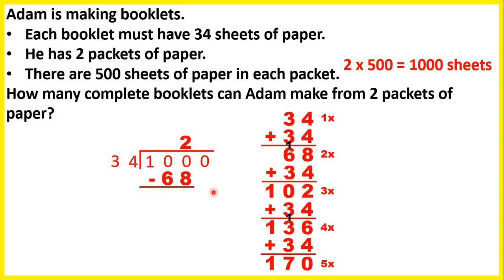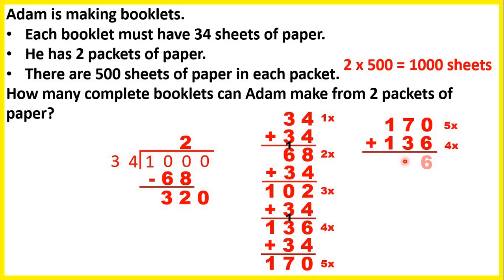Now we subtract and bring down. So 100 minus 68 is 32, and we can bring down the 0, so we have 320 divided by 34. So after 170, if we add 136, so add 5 times and 4 times, that will give us 9 times.